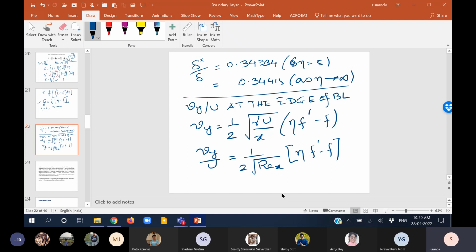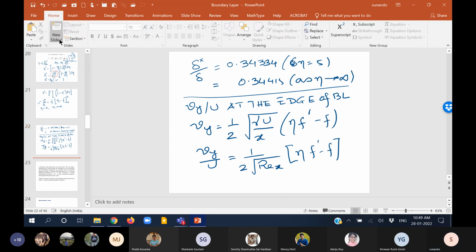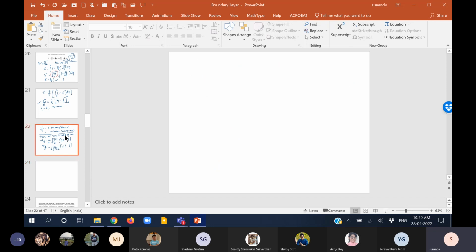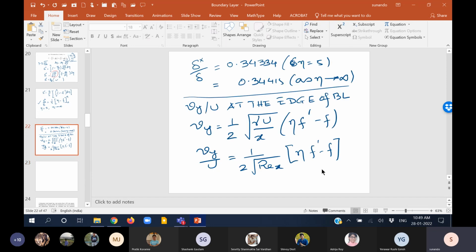This is the expression for Vy by u that you would get. At the edge of the boundary layer, you can write eta equals 5, and the corresponding value of f you could get from the table to be equal to 3.28, whatever something.